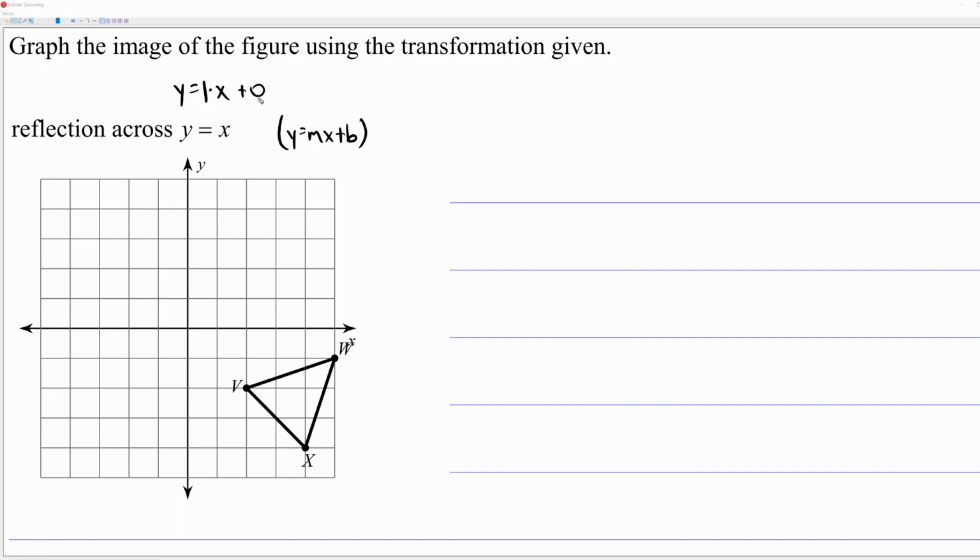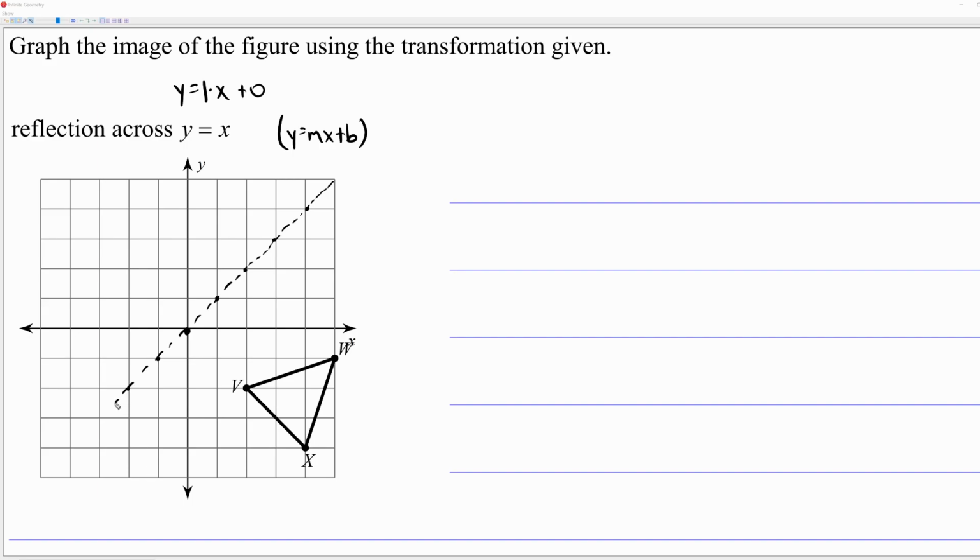So the y-intercept of this line is 0, and the slope is 1. So if you think rise over run, you go over 1 up 1, over 1 up 1, over 1 up 1, and so on. So we're reflecting across this line that's at a 45-degree angle going through the origin 0, 0.